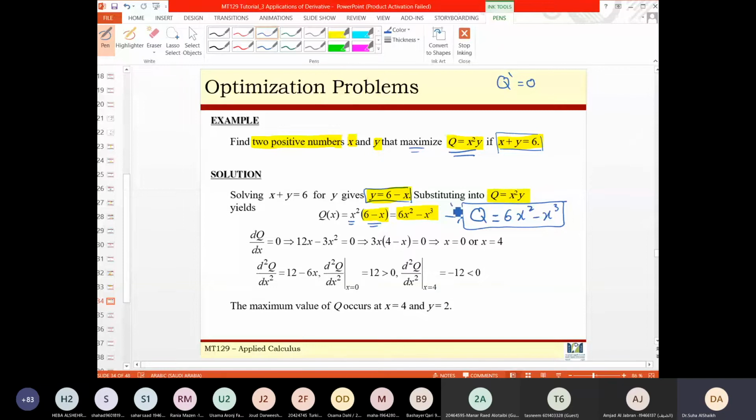This will be my step number 1. My step number 2 will be finding the q dash and letting q dash equal to 0. What's q dash? It will be 6 multiplied with 2, this equals 12x minus 3x squared.